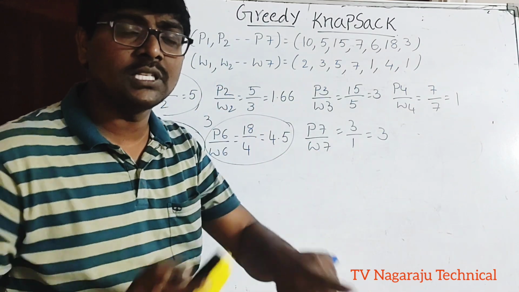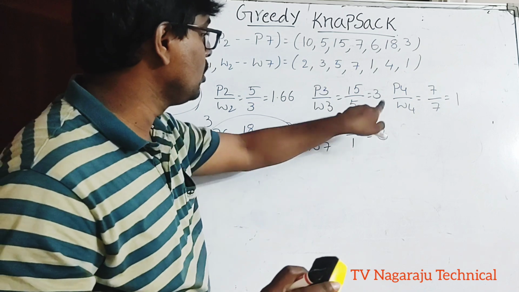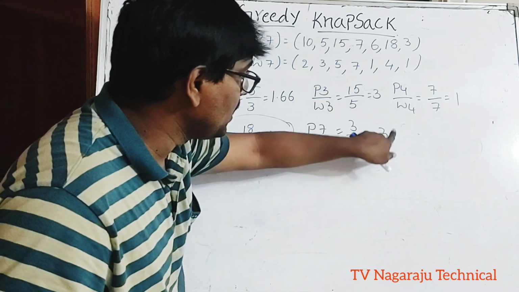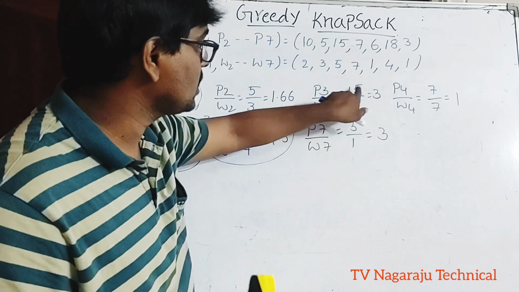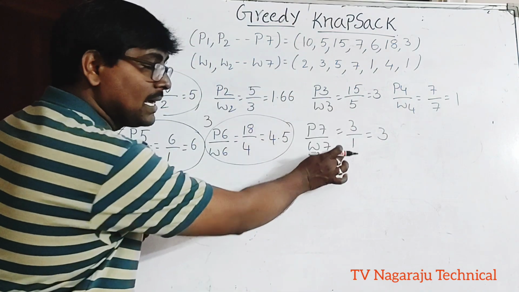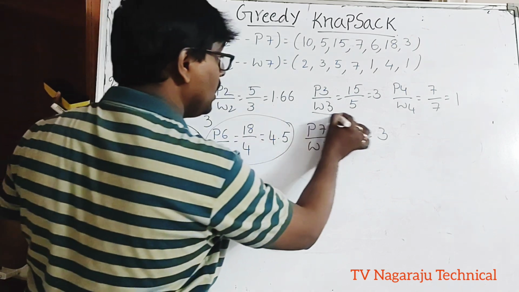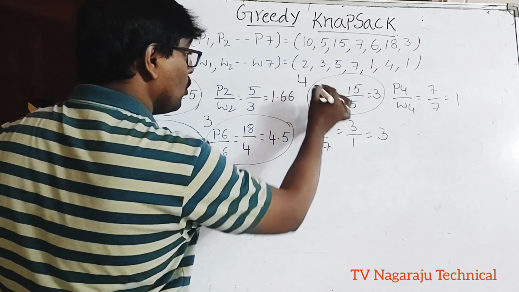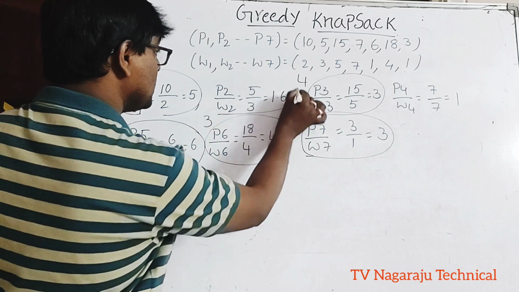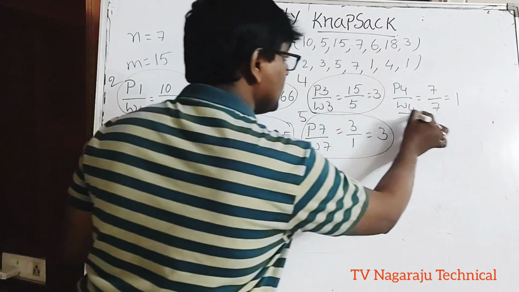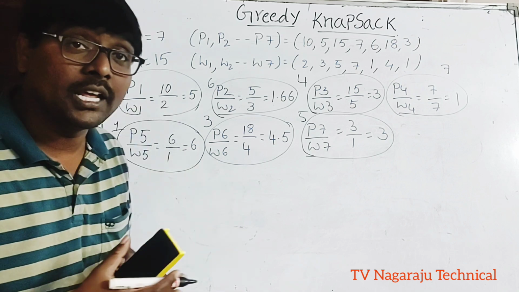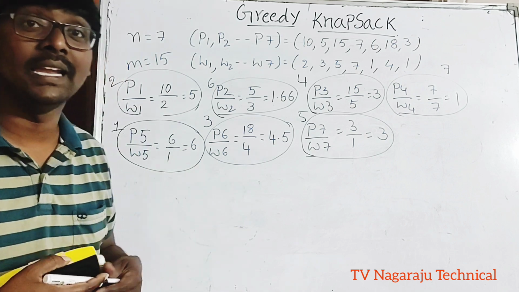Which one do you consider? Here there is no restriction. You can consider either, but if the same ratio occurs, it is better to consider the higher profit one first. Even if you consider this one, that's not a problem. Now this is my fourth, this is my fifth, finally this is my sixth, and then this is 7. Here 1 to 7 is the order in which we are going to place the items.